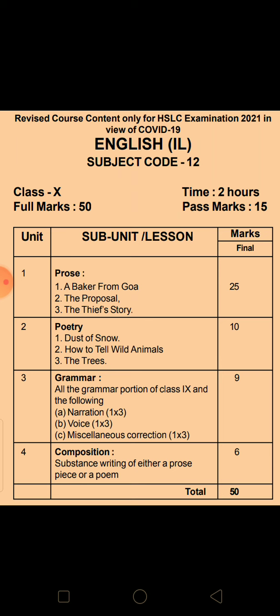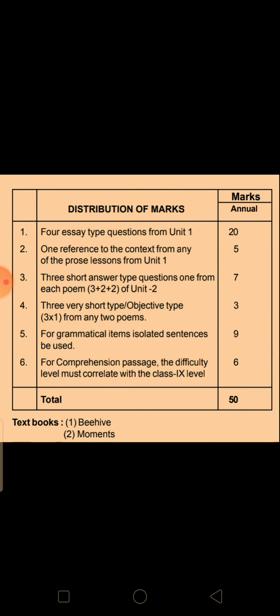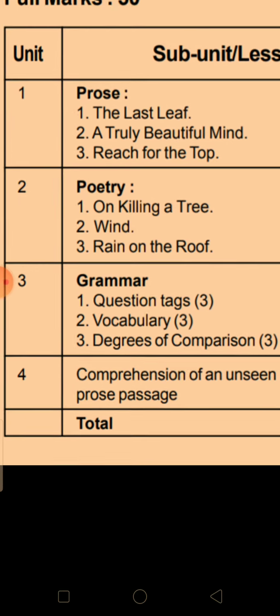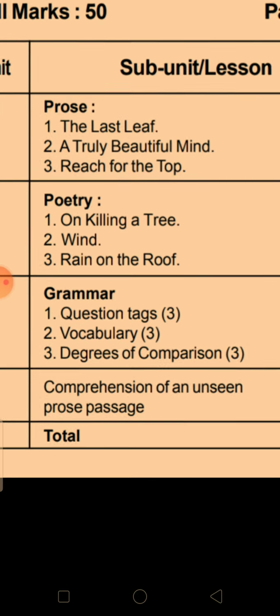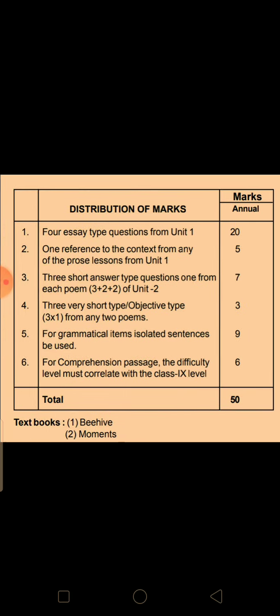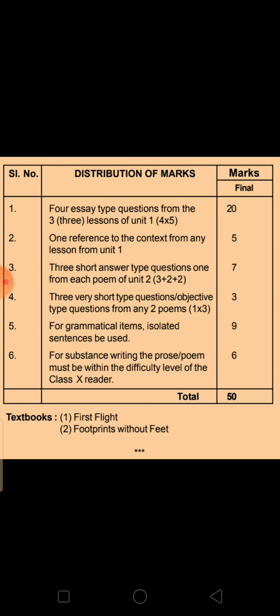Then the poetry section would be Dust of Snow, How to Tell Wild Animals, and The Trees, which carry 10 marks. In the grammar section of the IL, all the grammar portion of class 9 and the following is included. So you need to look at the grammar portion of class 9, which is this one, in the IL section of class 9. These are included for class 10. So do not just study this portion of your IL, this one.